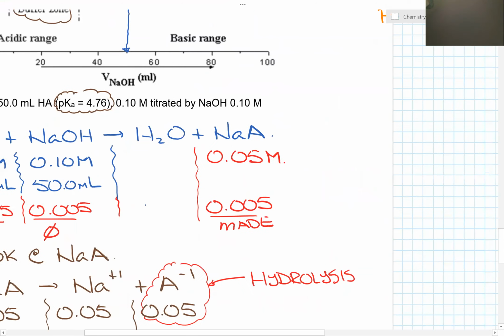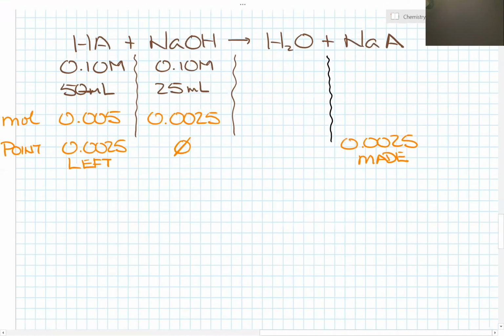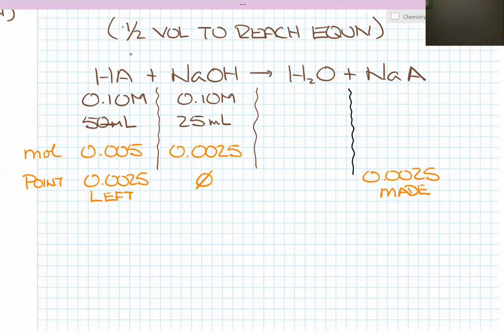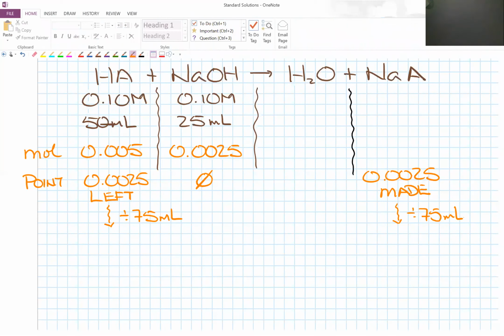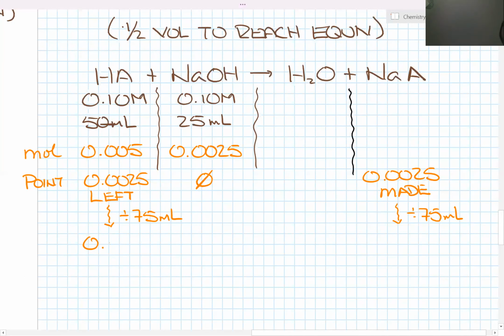Now, what's the significance of this? Well, if we do the same thing and find the concentration, here you divide by 75 mils. Here you divide by 75 mils. So what you have is 0.0025 divided by 75 times 1,000. So you get a concentration here of 0.033 molarity.